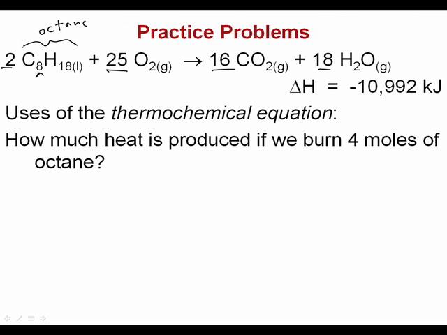Octane comes from the 8. If I react 2 moles of octane with 25 moles of oxygen, oxygen gas is a diatomic, two oxygen atoms bound together, I will produce 16 moles of CO2 and 18 moles of H2O.